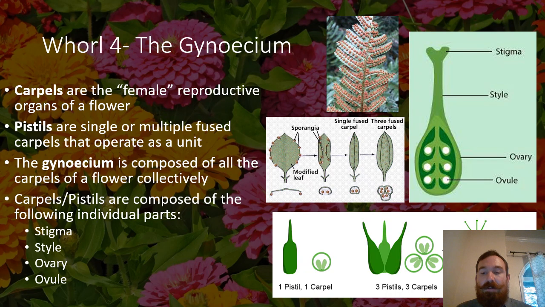And so sometimes it looks like it's all one unit, but really we've got multiple carpels that can fuse together to form a pistil. And when we talk about flowers that have multiple pistils and multiple carpels, we have to refer to that using the collective term of gynoecium. So the gynoecium is composed of all of the carpels of a flower collectively. So we could have multiple pistils or multiple carpels in the fourth whorl of a flower.